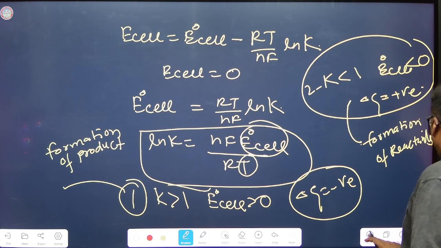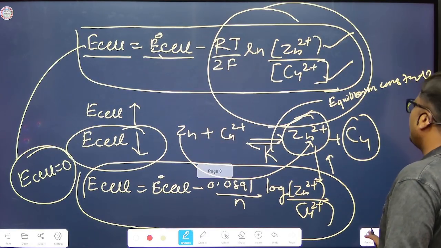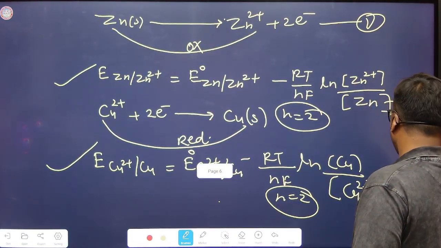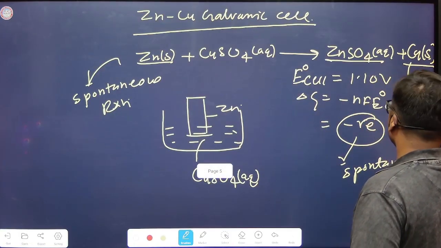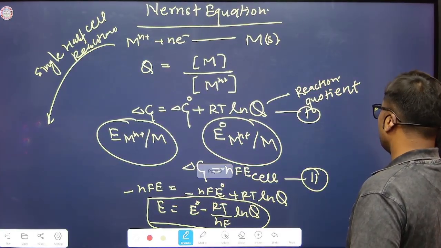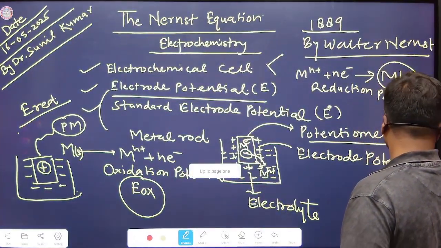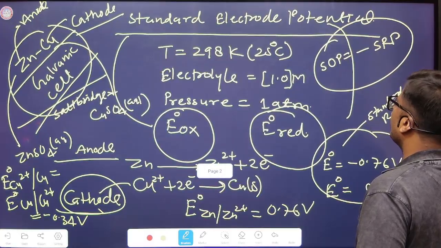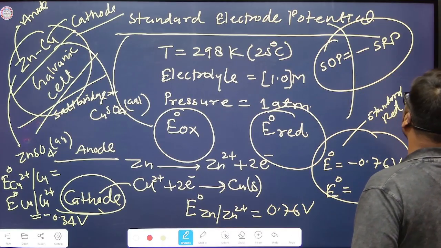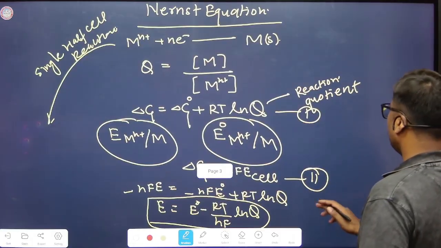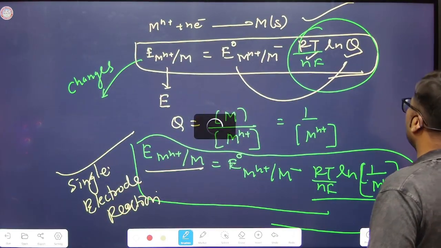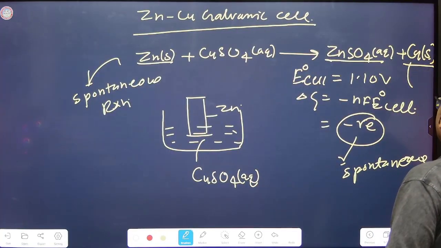Now, in the previous examples we have shown a lot of reactions. So this is the value, and this is the expression for the rate constant for these reactions.